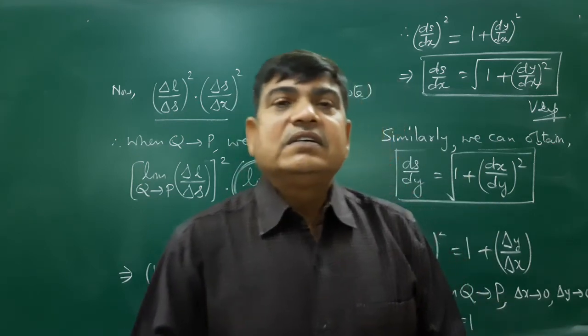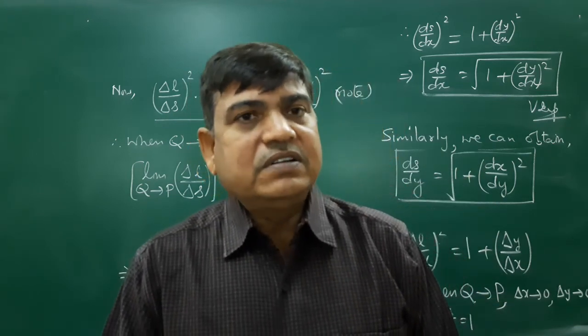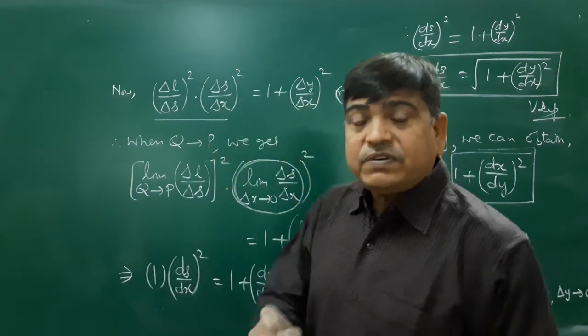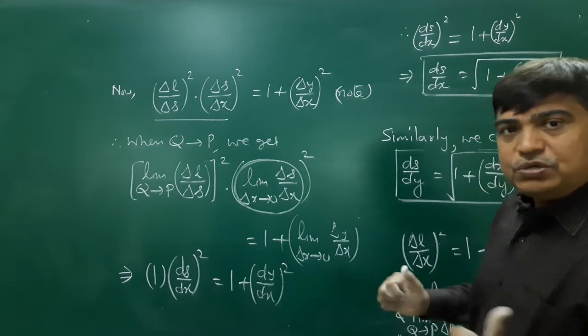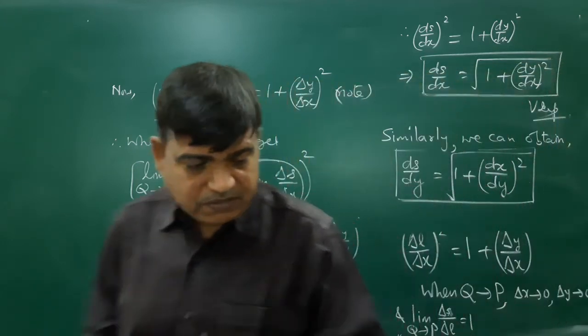So when Cartesian curve is given, the derivative of length of arc is given by these two results. Okay, so remember this.